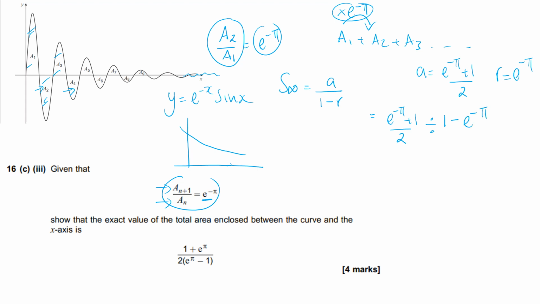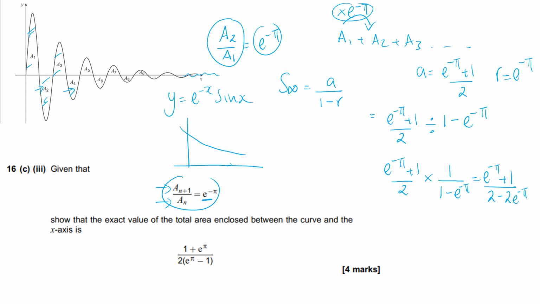So what we can do here is e to the minus pi plus 1 all over 2. Instead of dividing, we're going to times by 1 over 1 minus e to the minus pi, times across the top, e to the minus pi plus 1 all over 2 minus 2e to the minus pi.